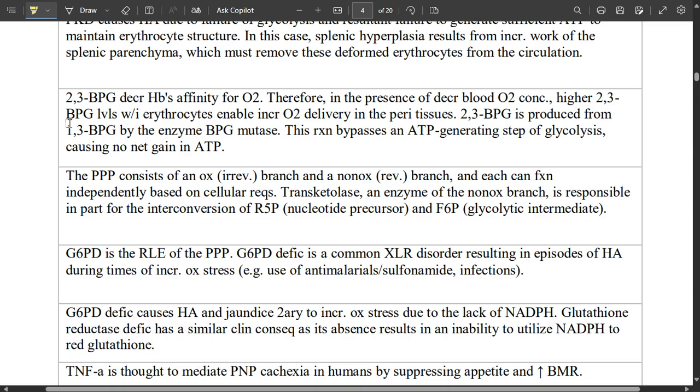So 2,3-BPG causes a right shift, meaning more release of oxygen in the peripheral tissues.